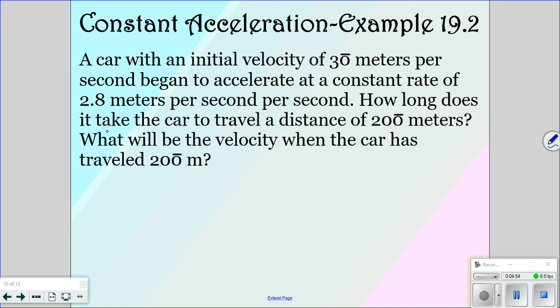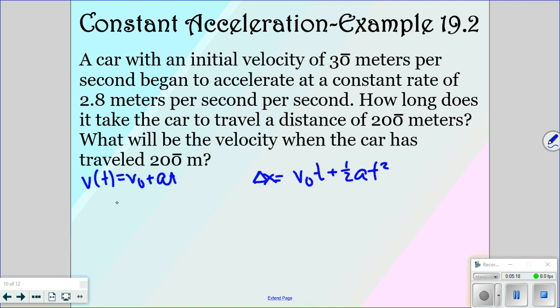So we're going to set up both of our equations. Our velocity is that one, and our position is that equation. So if you're not sure what to do, the best thing is just to start with both of them and see where you can go.